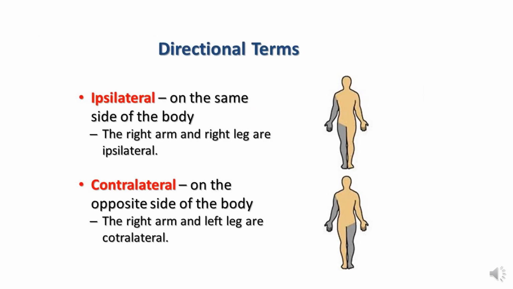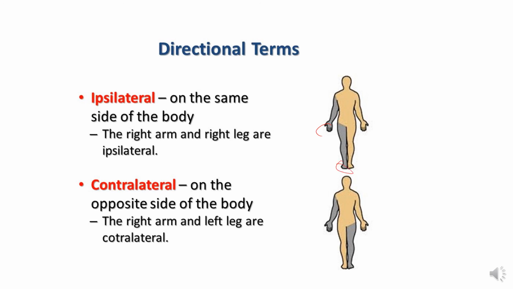Now, ipsilateral and contralateral. Ipsilateral refers to a structure occurring on the same side of the body as another structure. That is, the right hand and right foot are ipsilateral. So you can see here that the right hand and right foot are ipsilateral.